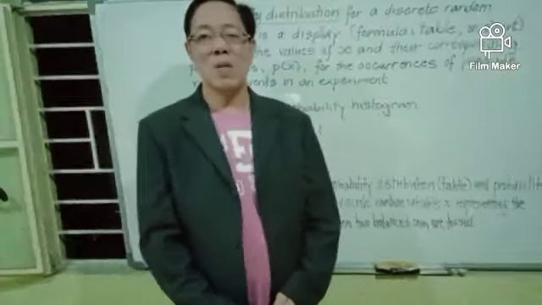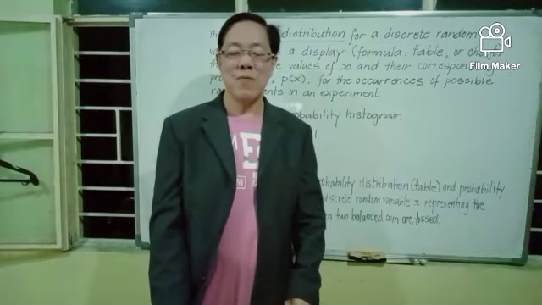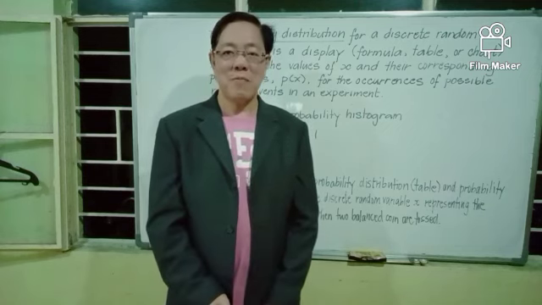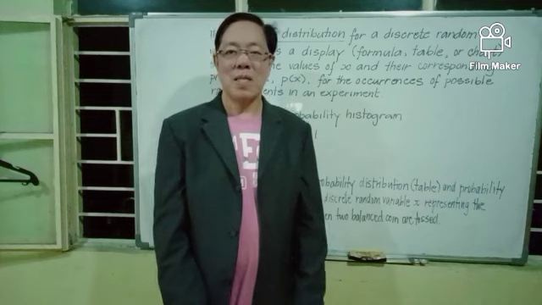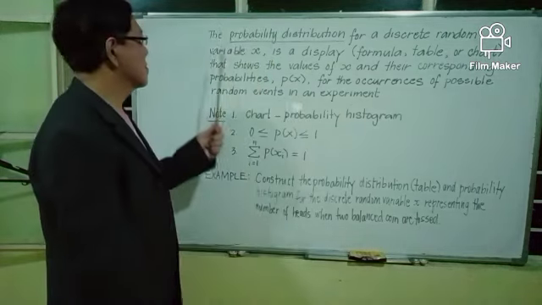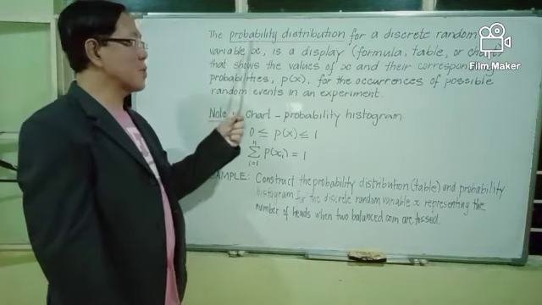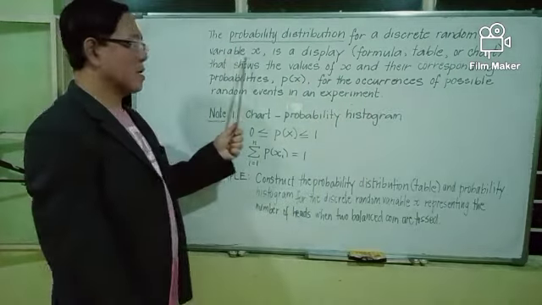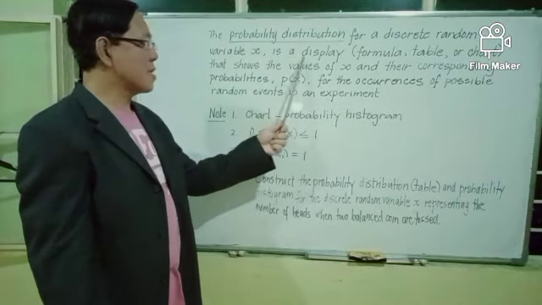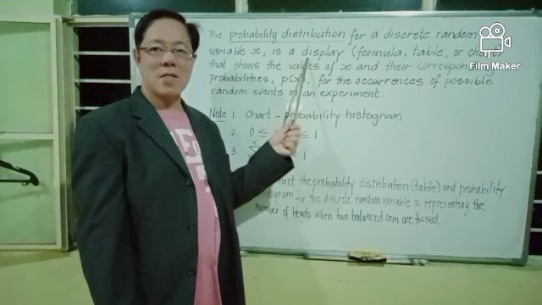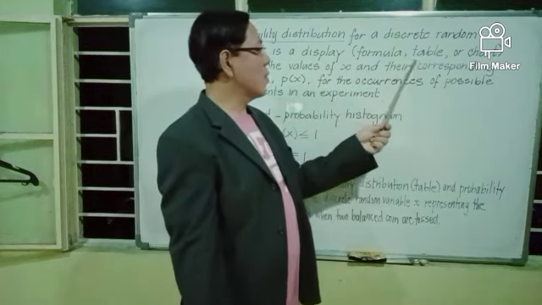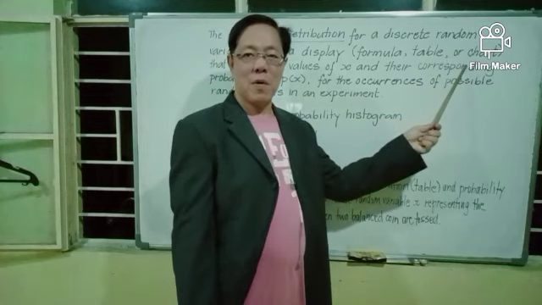For an example, for a probability distribution for discrete random variable, we state the definition of probability distribution for discrete random variable. The probability distribution for a discrete random variable x is a display. This display can be in the form of a formula, a table, or graph or chart.